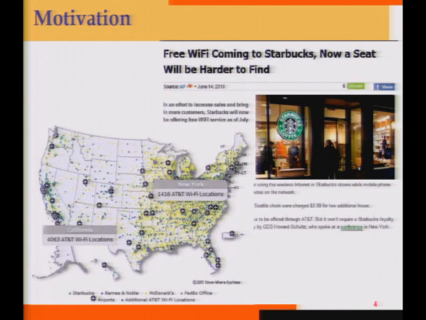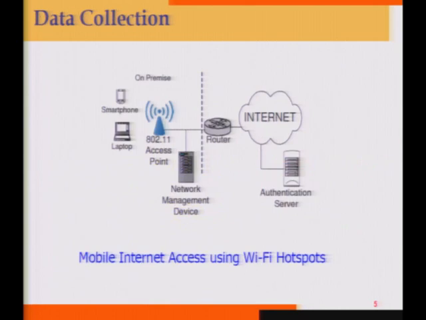The different colors here are for different types of venues. You can see a lot of yellows, which correspond to the McDonald's. We also have a lot of Starbucks, the green spots, which you cannot see so clearly. The point is that there is a huge amount of Wi-Fi access points spread across the nation, and there's a lot of data. So how can we use it to do some good?